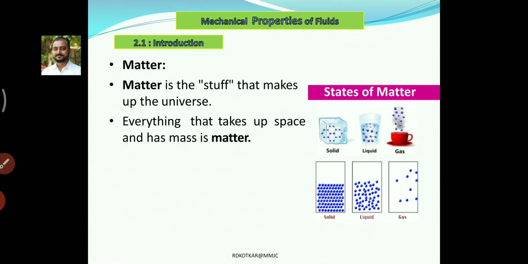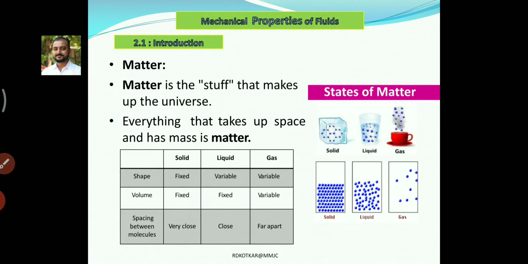Now the smallest particle of matter is called an atom. Solid, liquid and gases are all formed by small particles called atoms. In the arrangement of these atoms, solids are very closely packed. You can see this table.